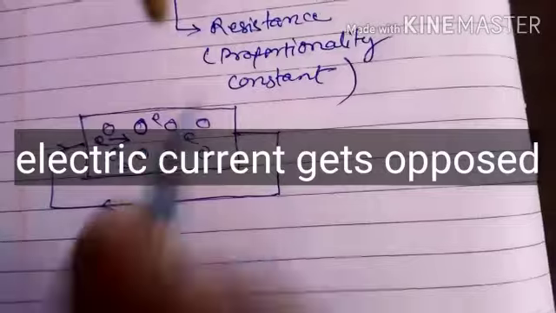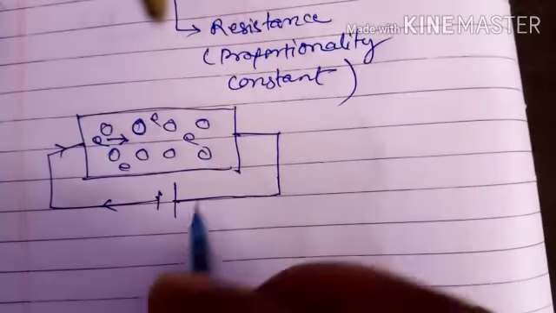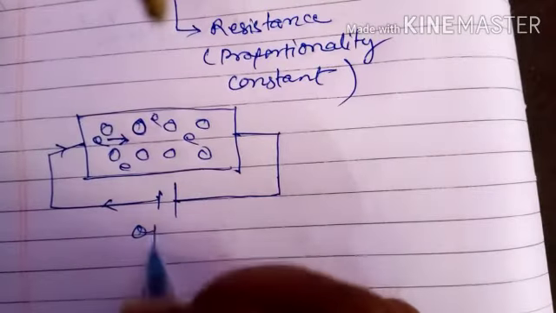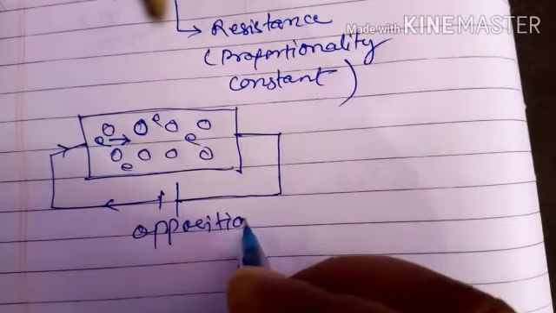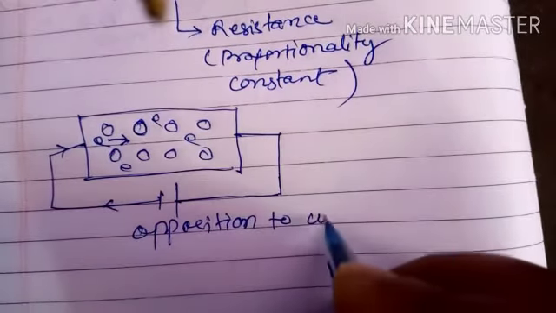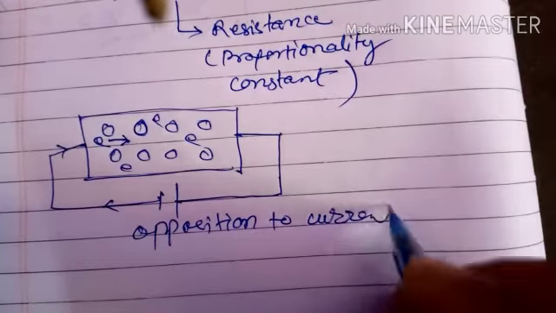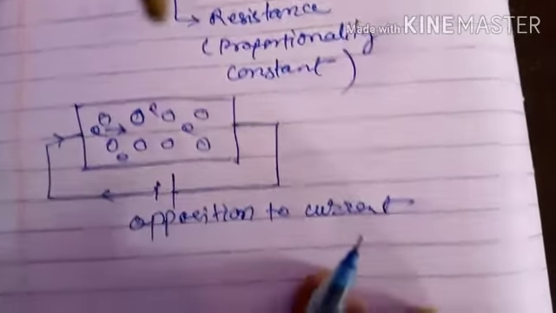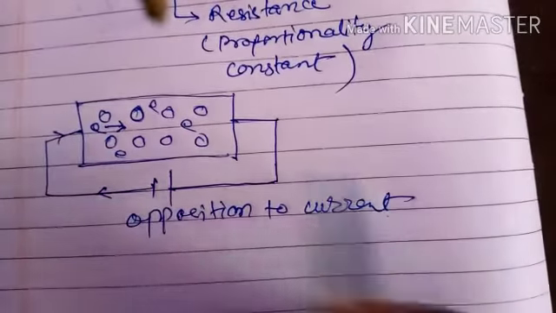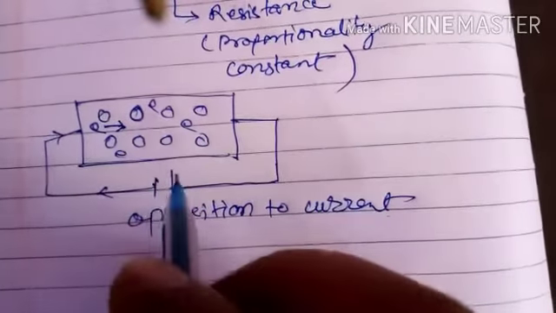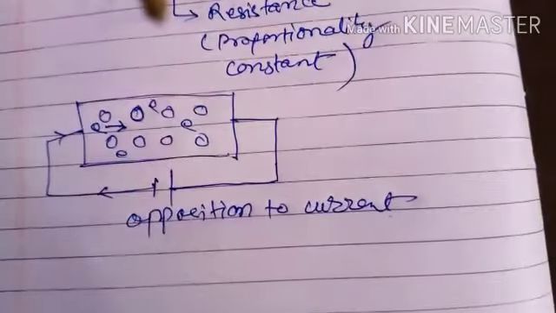So this opposition to current we can say is the resistance. So what is the resistance? The opposition to current is, we can say, resistance.